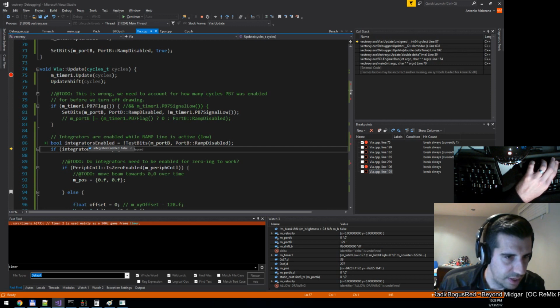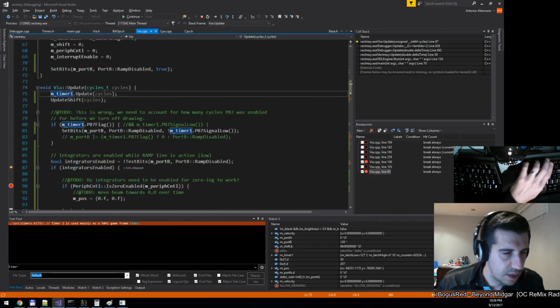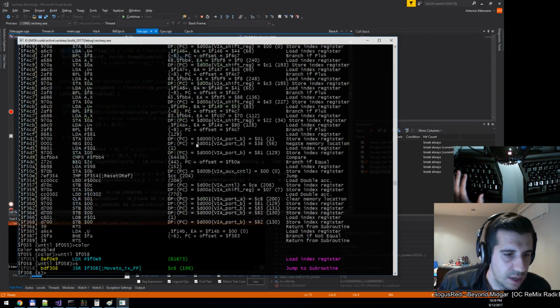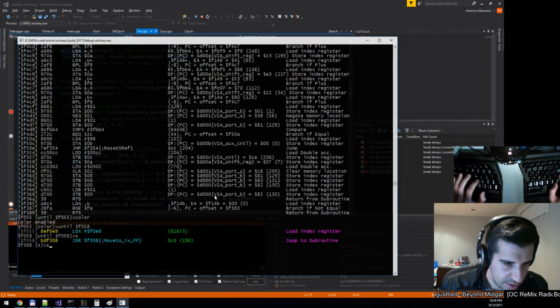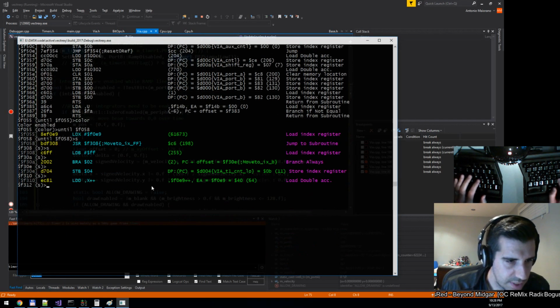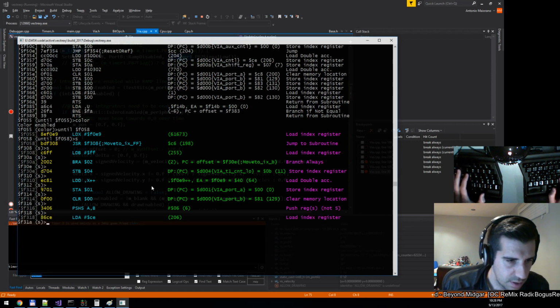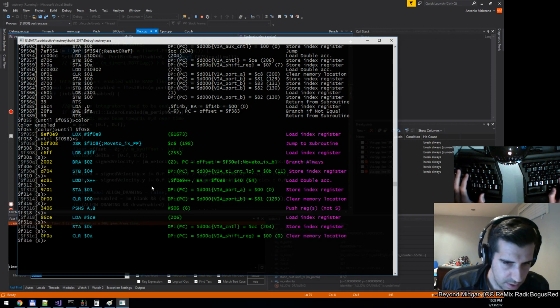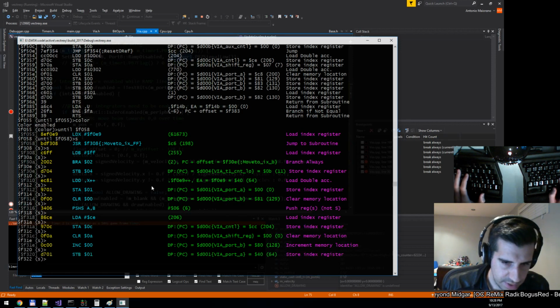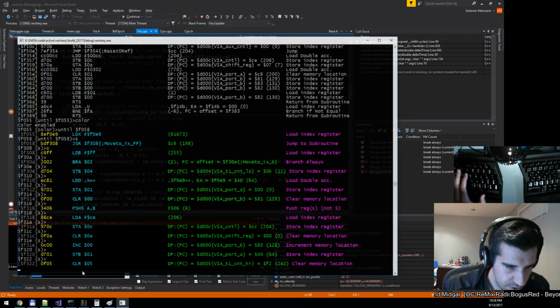Ah, there we go. Integrators are not enabled. See, that's what I would have expected. Now let's see. Step. Shift, mux, write the value, and there we go.